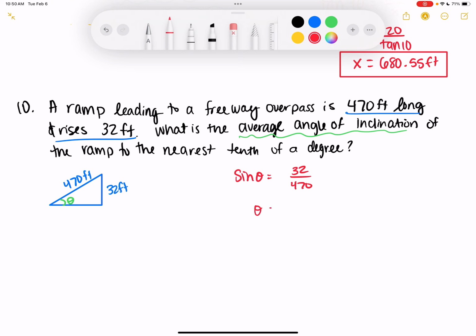Take the inverse of 32 over 470. Degrees. 3.9 degrees.